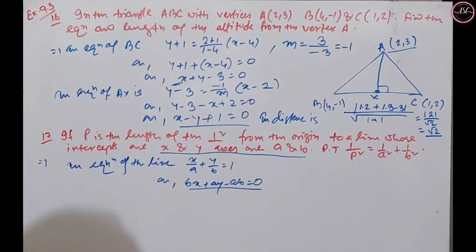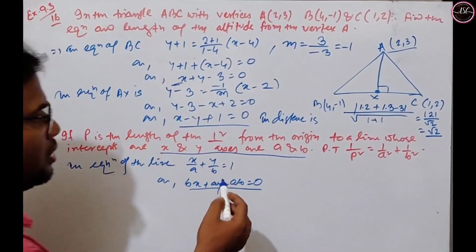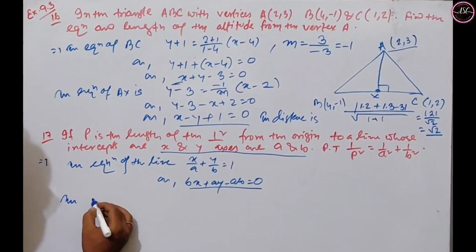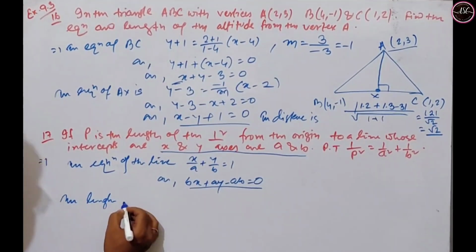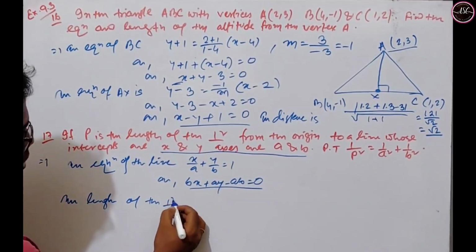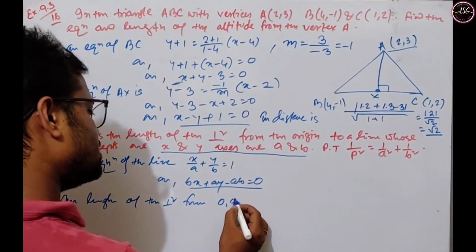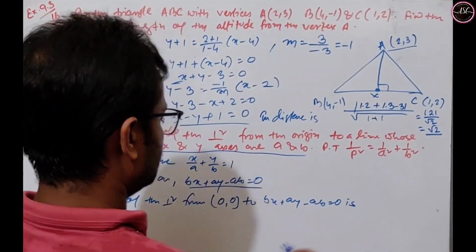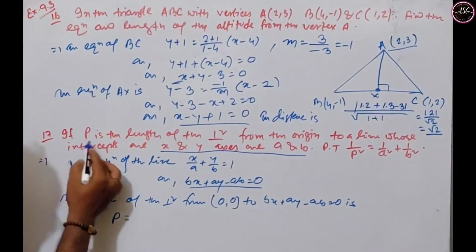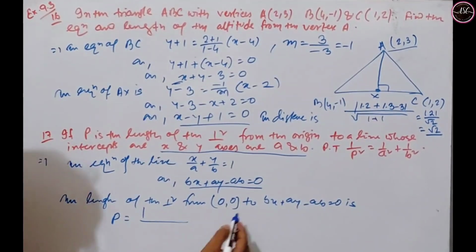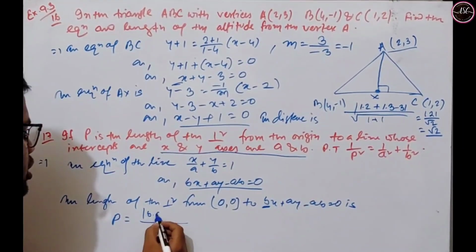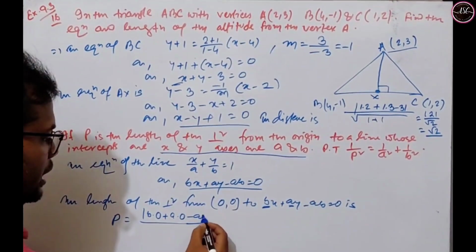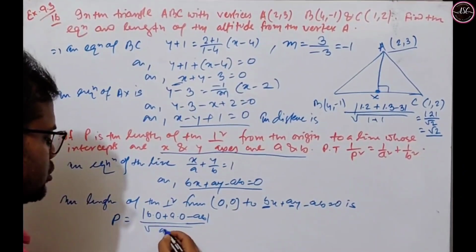Now the distance from the origin, that means (0, 0), the length of the perpendicular from (0, 0) to bx plus ay minus ab equals 0 is p equals, as p is the length, mod of (b into 0 plus a into 0 minus ab) over root of a square plus b square.